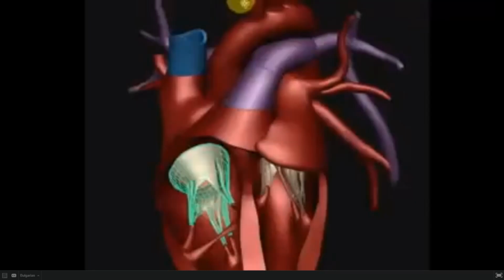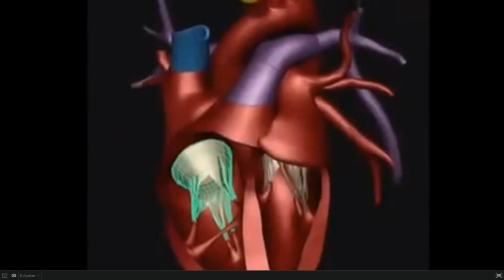From the left atrium it goes to the left chamber. The left chamber and left atrium are separated again with a valve. This valve has two parts, that is why it is called the mitral valve. From the left chamber, the blood goes through the aorta, and through the aorta to all your body and the head.